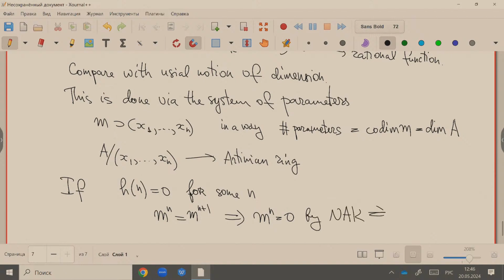And this implies that A is Artinian. So if you have a local ring where the maximal ideal is nilpotent, then A is Artinian. This is somehow the motivation for that.